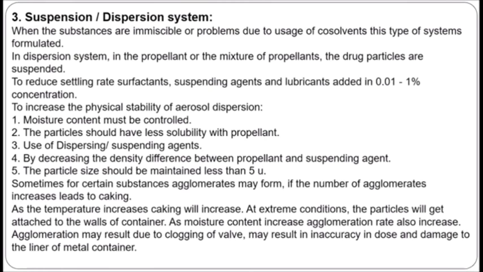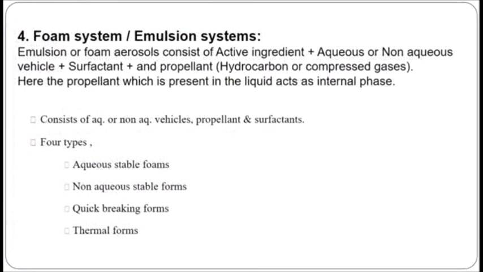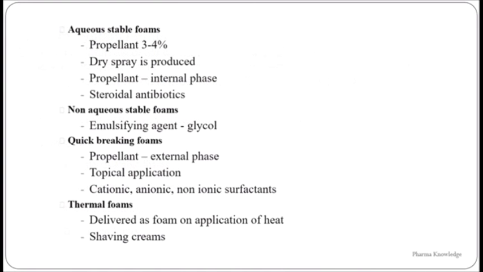The next trade name is Vancenase. The active ingredient in Vancenase is dipropionate and the indication is rhinitis. The next one is the basic formulation for the intranasal aerosol, and the active ingredient is micronized, up to 1% of weight, and dispersing agents, additives, solvents, etc. up to 1% are used, and propellant 12 or propellant 11, the ratio of propellant 12 to 11 is 60 to 40, and this ratio is up to 98% or also 100%.